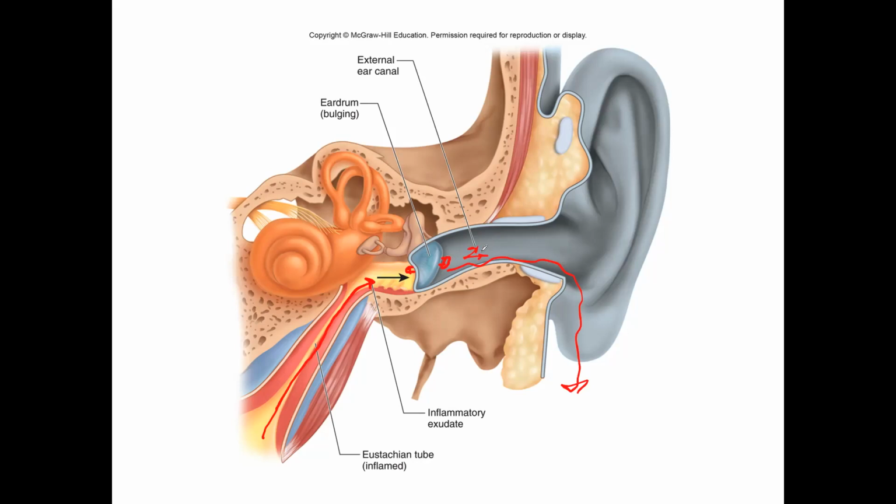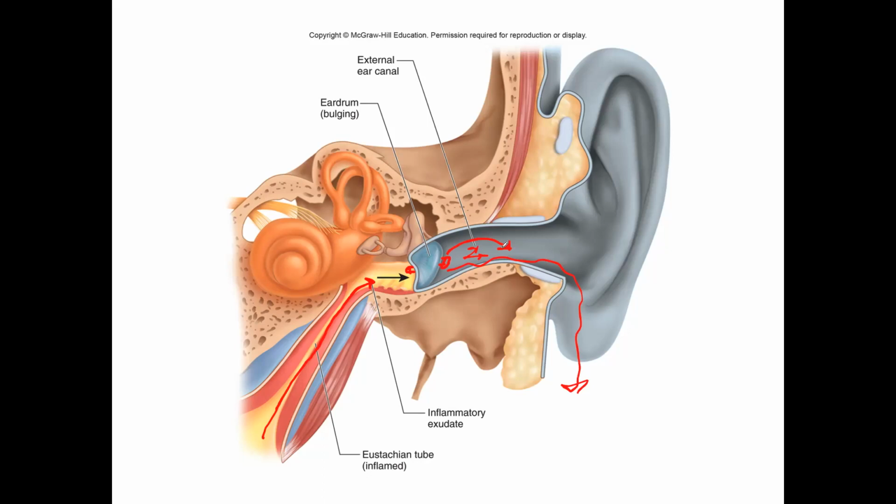And eventually, as you grow older, the myringotomy tubes will pop out on this side of the ear, on the lateral side of the middle ear. And then you can just remove them with forceps.